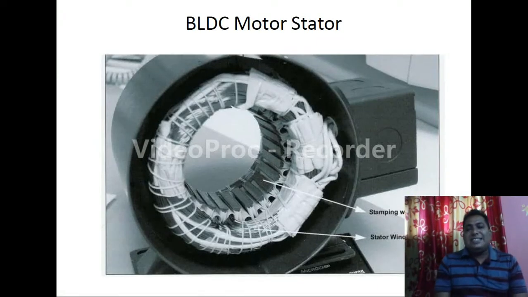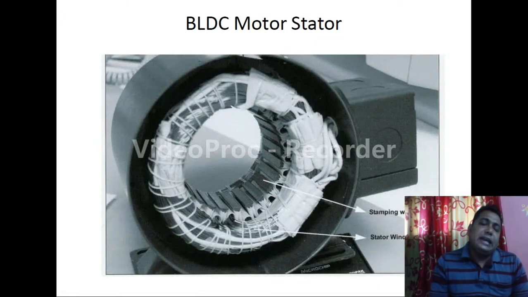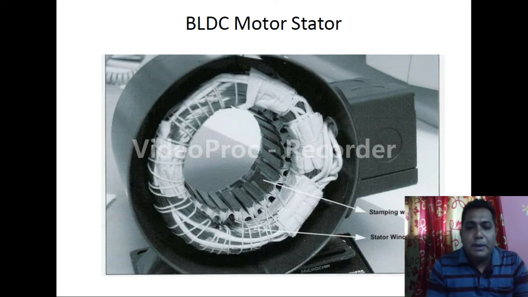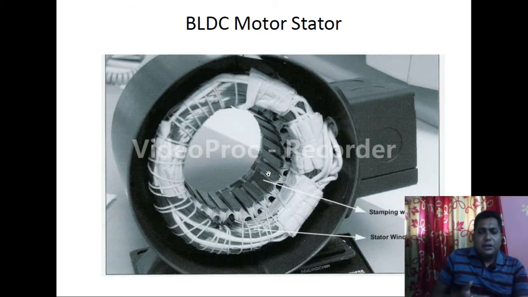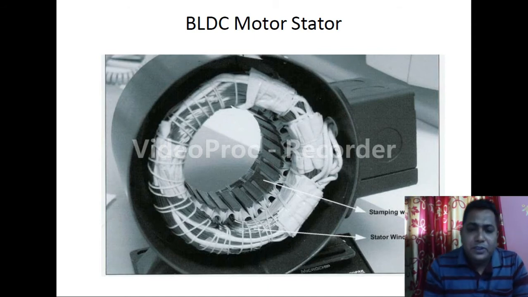So this is the stator section diagram, as we can see. Follow my pointer. In this section there are lots of windings, and these are the insulation that we have used here. All are parallel paths, and in between, in the slots, the windings are placed. Very carefully, you can see there is the insulation layer.